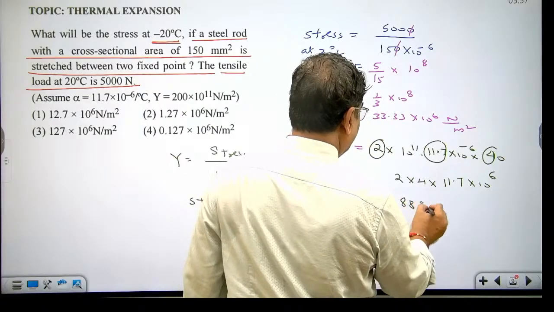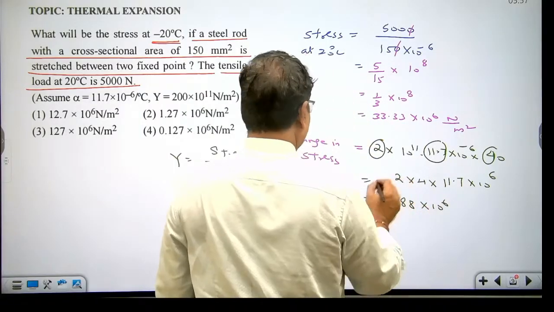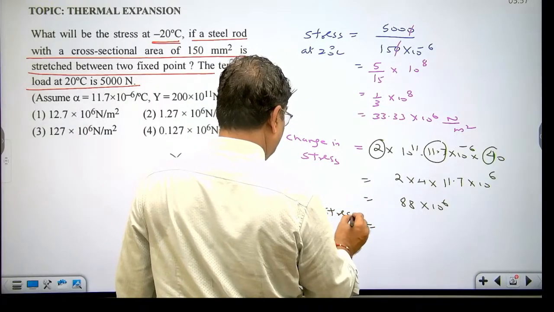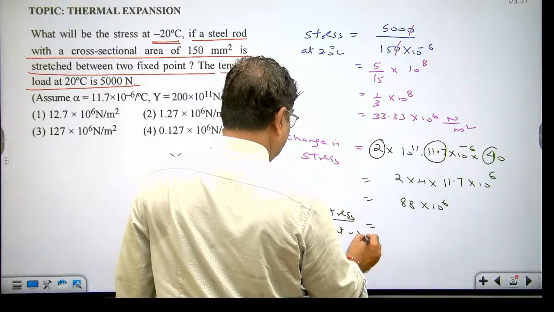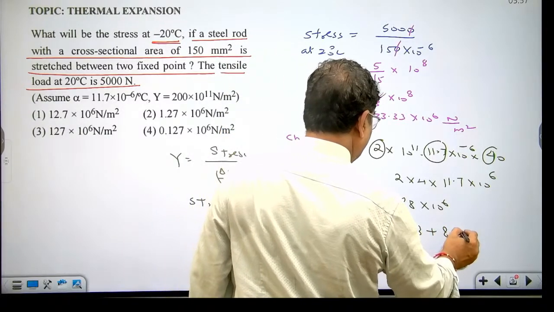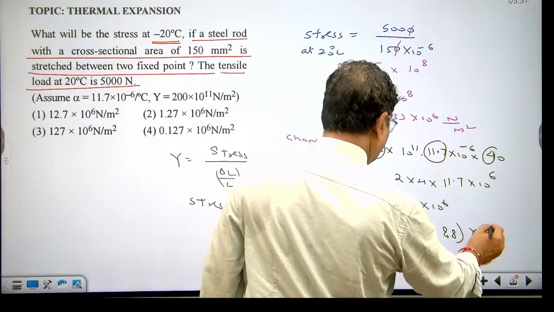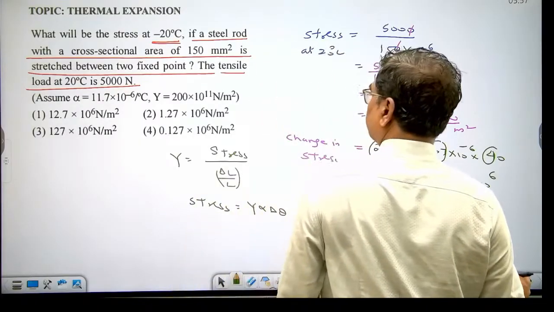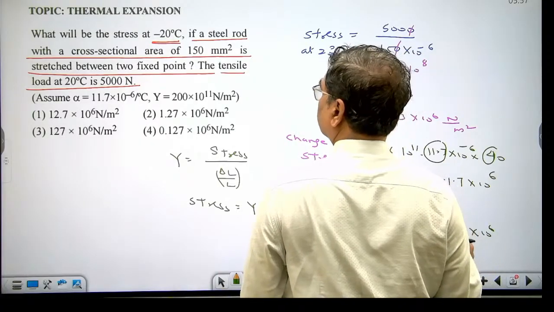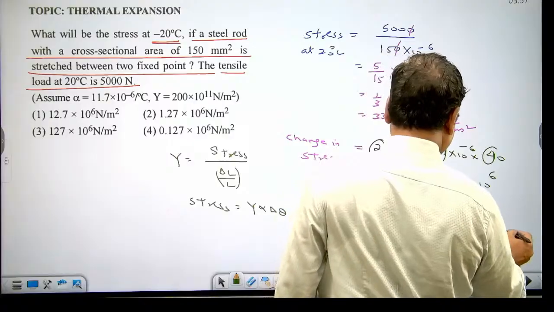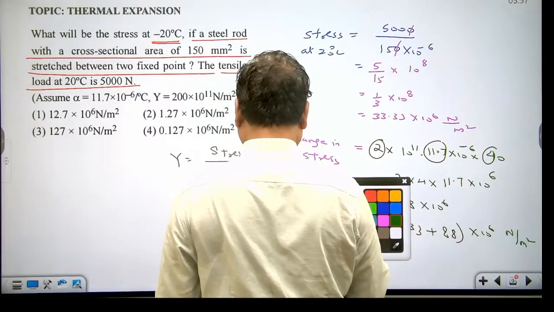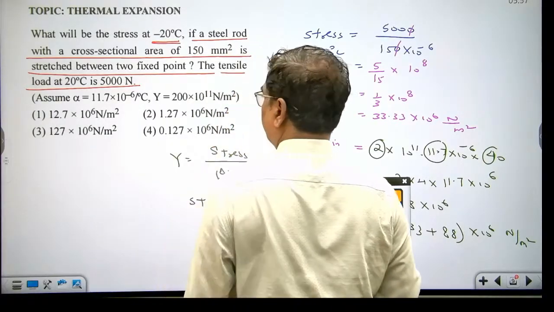So this is approximately 88 into 10 power 6. Then only total stress at minus 20 degrees centigrade will come: initial stress plus final stress, Newton upon meter square. So the final answer will be 127 into 10 power 6.